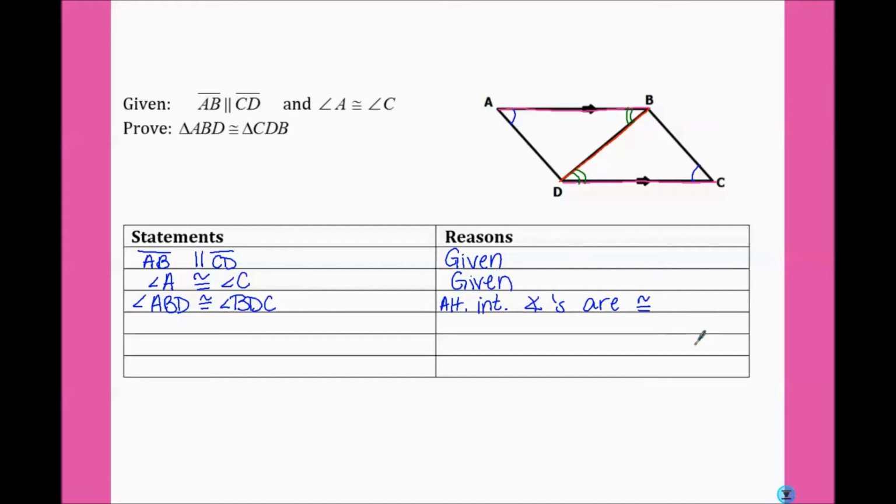And proofs can be a lot of writing, so I like to use some of our symbolic notation to help us out. Now, because these two triangles are stuck together and share the side BD, we know that those are congruent because of our reflexive property.